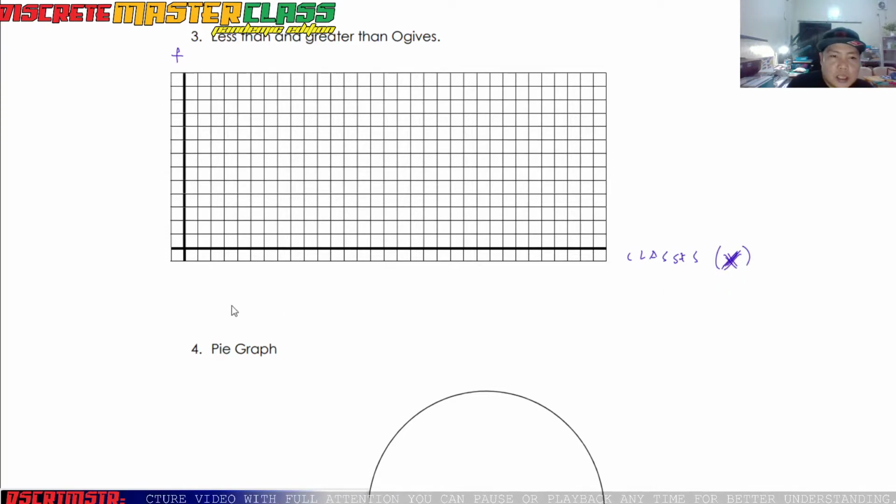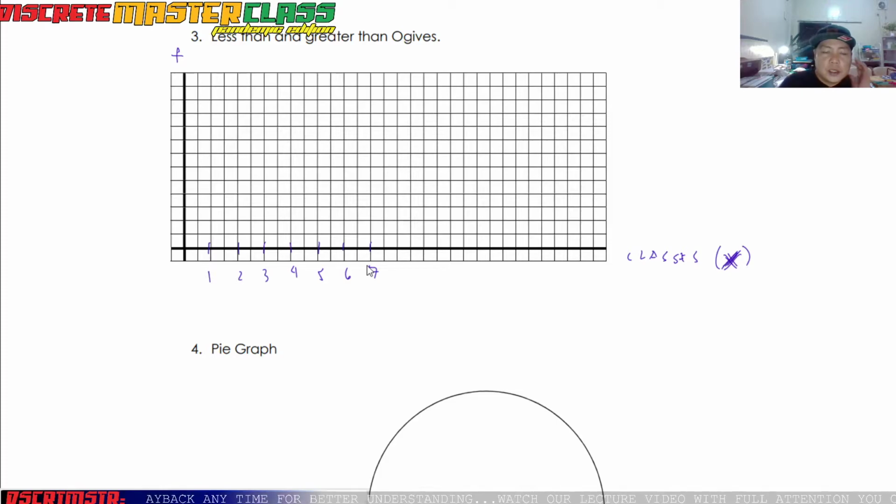Okay, now, do not copy the interval of the first two representations, but copy the class, kasi yung class mo is the same naman class, the same class. Okay, let's go. 1, 2, 3, 4, 5, 6, 7.